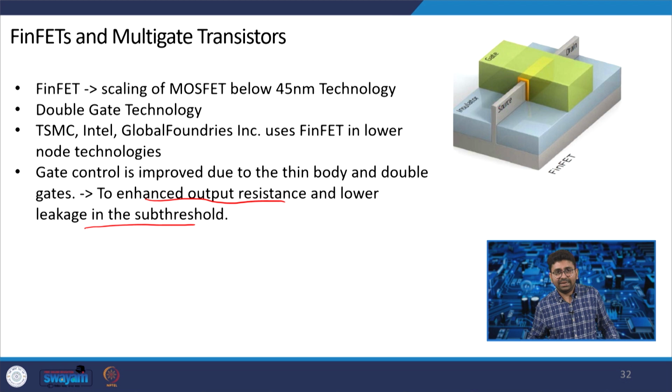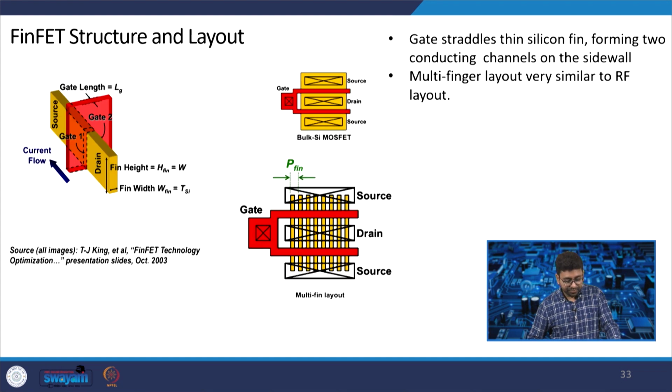Mostly TSMC, Intel, all the foundries are using FinFET in the lower node technologies, and that will be one of the solutions against the MOSFET, against the BJT, silicon germanium. The advantage of MOSFET will always be there in terms of back end and front end together. However, in BiCMOS there are some challenges, but that can also be done.